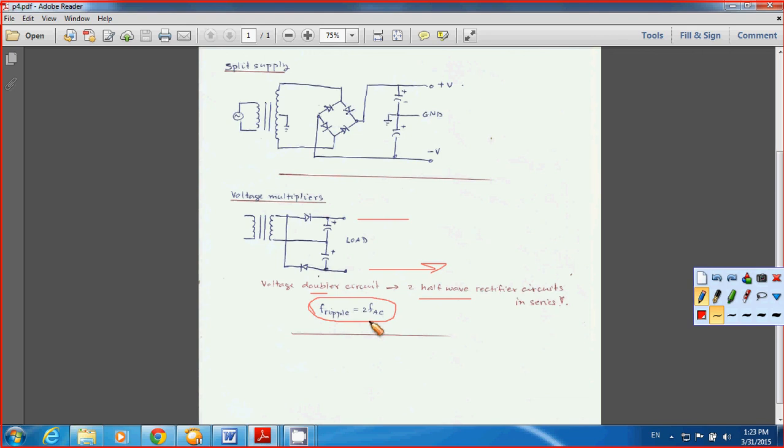Okay, I'm not going to explain the circuit. I'm just telling you that we also have another circuit when you use the diode. We call it the voltage multiplier, and the way to connect your diodes looks like this circuit.